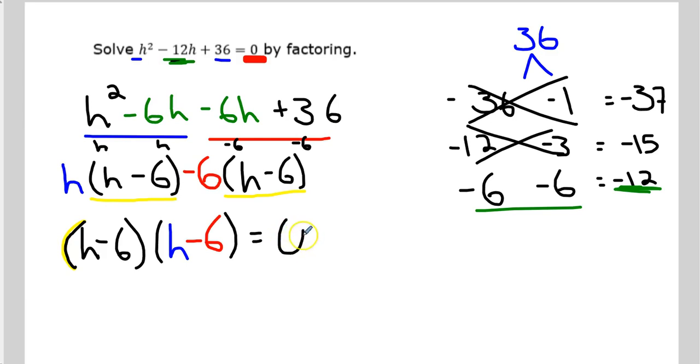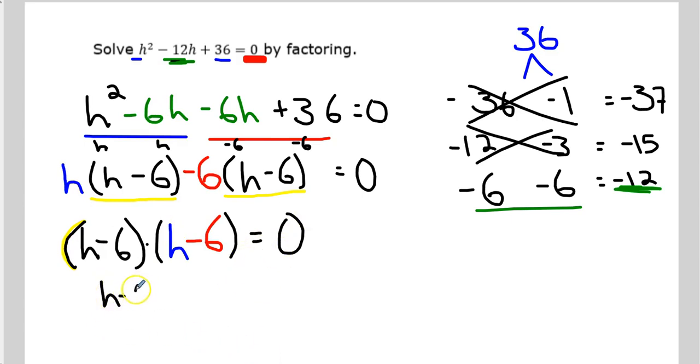Remember, this whole equation from the beginning was equal to 0. So now we have factored form, and it's equal to 0. So we can use the zero product property. What it does is I take each of my factors and I set them equal to 0.